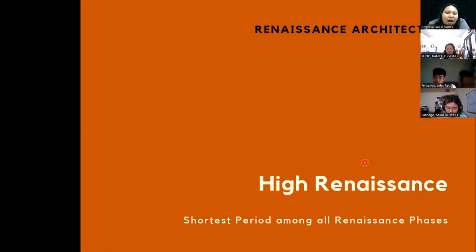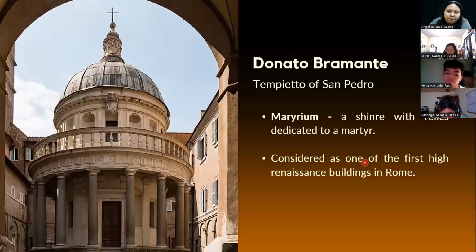Okay. High Renaissance. This actually lasted only about 30 years or less. It was set apart because it is important in terms of your arts, literature, and of course architecture. Here in your High Renaissance, I only have one structure by Donato Bramante, the Tempietto di San Pietro, the small temple of Saint Peter.